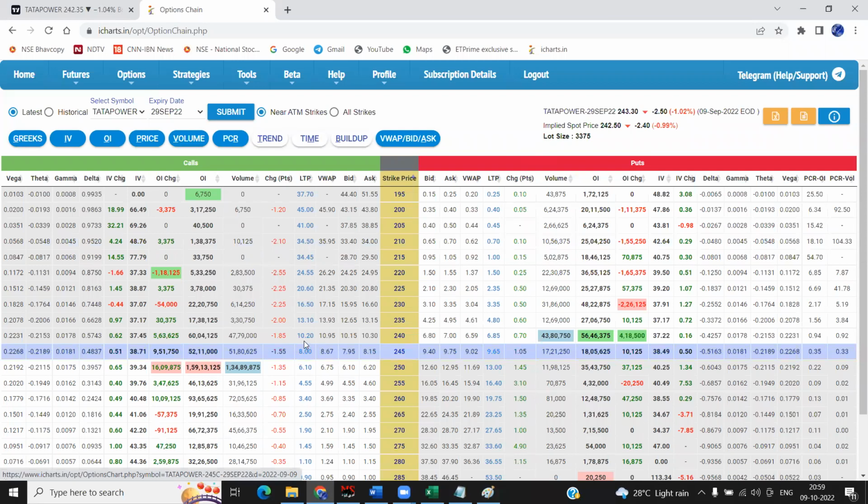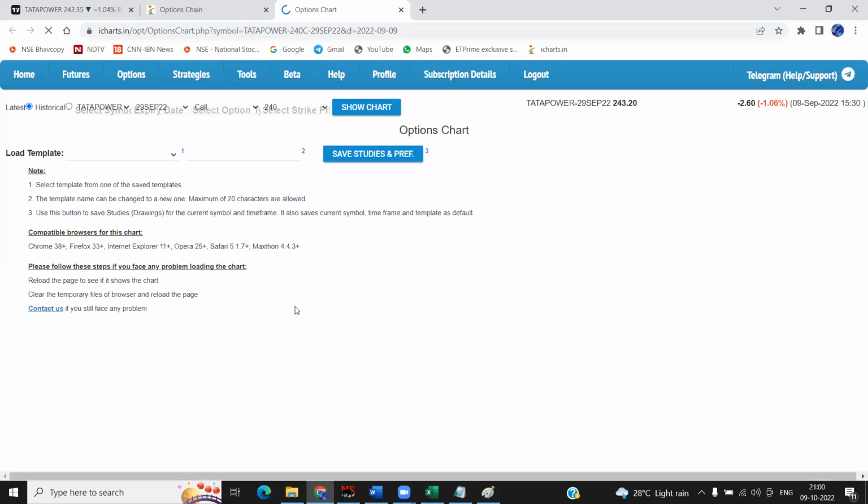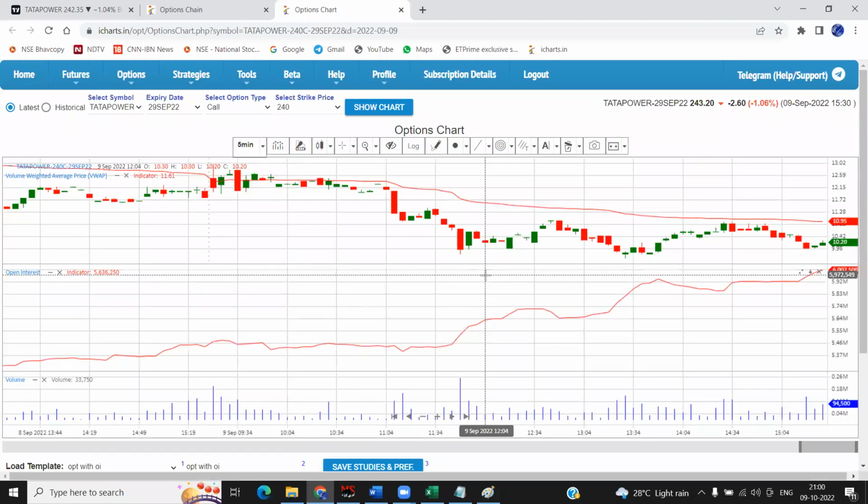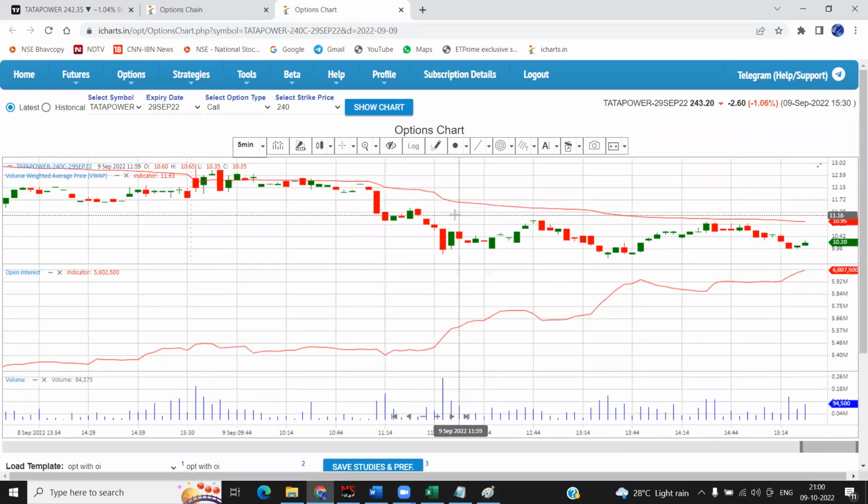We are targeting the 240 call, 10 rupees 20 paisa. Okay. Now this is the VWAP which has been plotted, and every day it is the value which we are getting, right, Ayan? Yes.